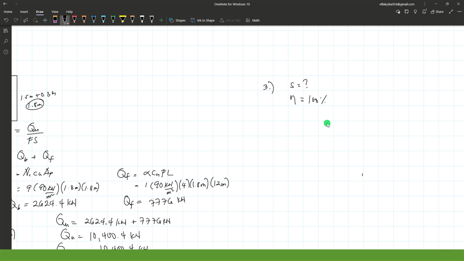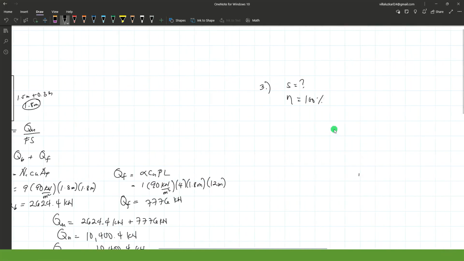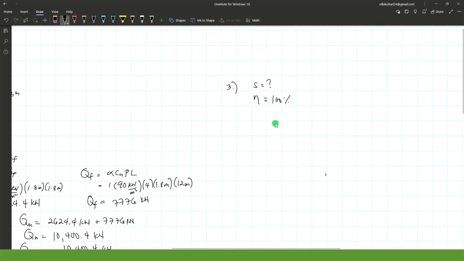Going back to our lecture, this is the equation that we're going to use to determine the efficiency of the group of pile: 2 multiplied by m plus n, minus 2 multiplied by s plus 4 times d, all over pi d m n.